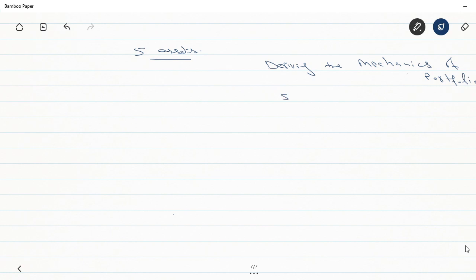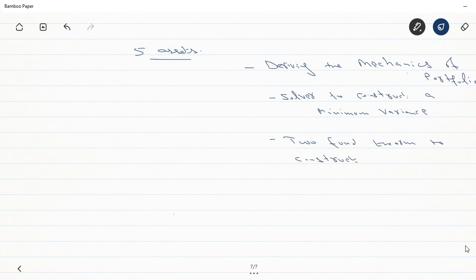Then I'll be using Solver to construct a minimum variance portfolio, and thereafter I'll be using the two fund theorem to construct an efficient portfolio. So these three steps I'll be using.